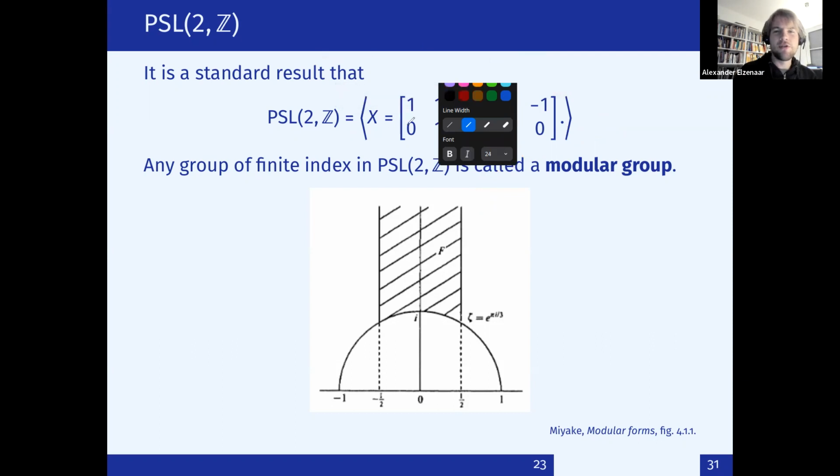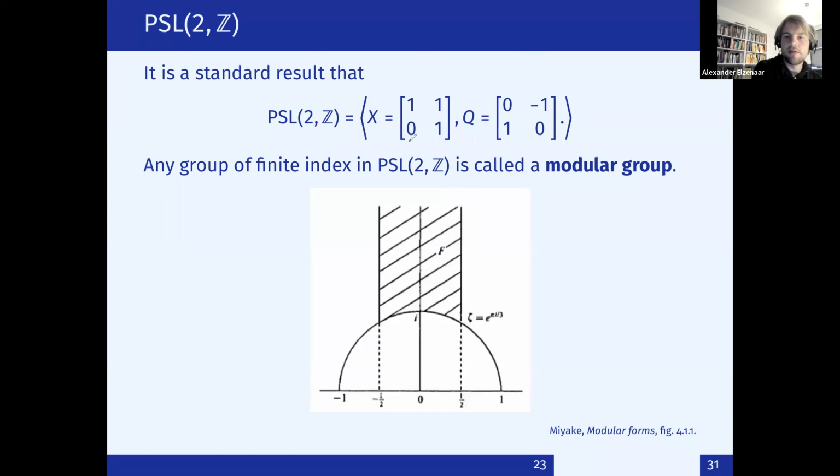I think it's less well known, you don't really learn this in an undergraduate course, that PSL2Z admits a presentation by 2 matrices. This one here is a translation by 1, and this one here is an involution which takes this unit circle and maps it across like this.